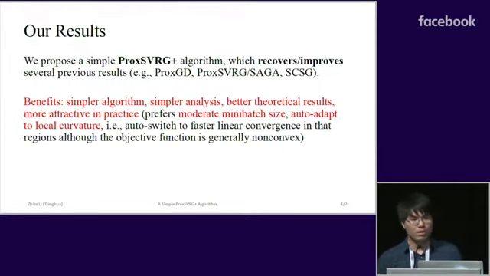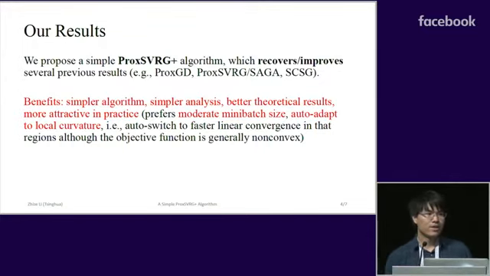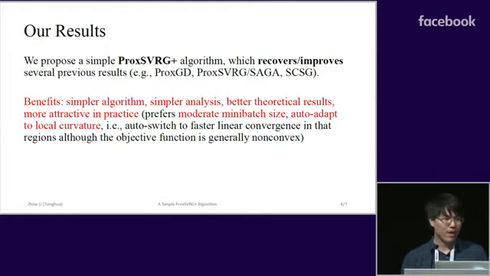It prefers moderate minibatch size, and more importantly, it can automatically adapt to local convergence, which means during the iterative process, it can automatically switch to a faster linear convergence as long as this local region has a strong convexity. For example, local strong convexity.